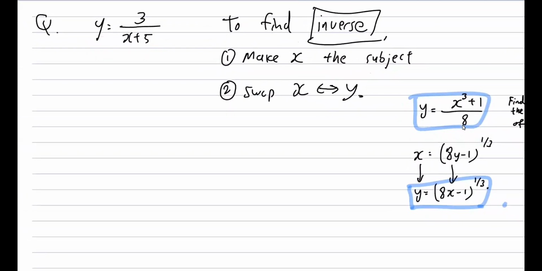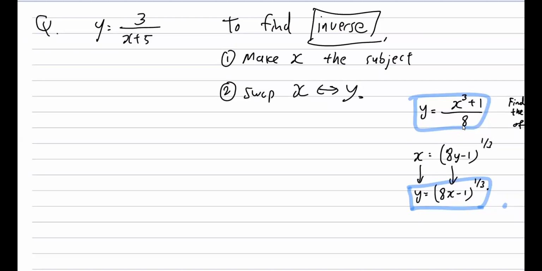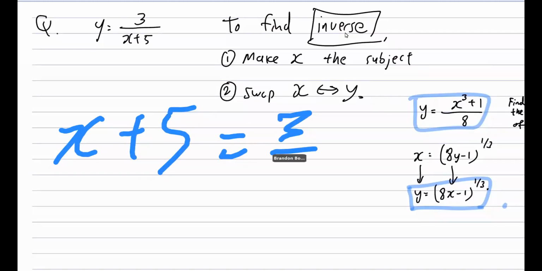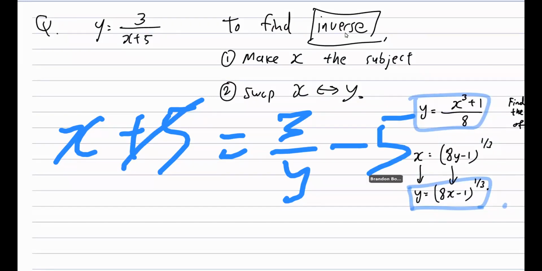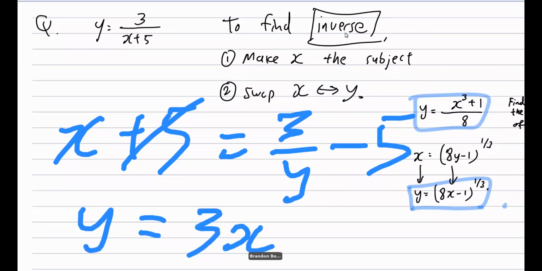So now time for you to try on the actual question. This one, y equals 3 over x plus 5. Step 1 is complete. Good. Yeah, that's it.